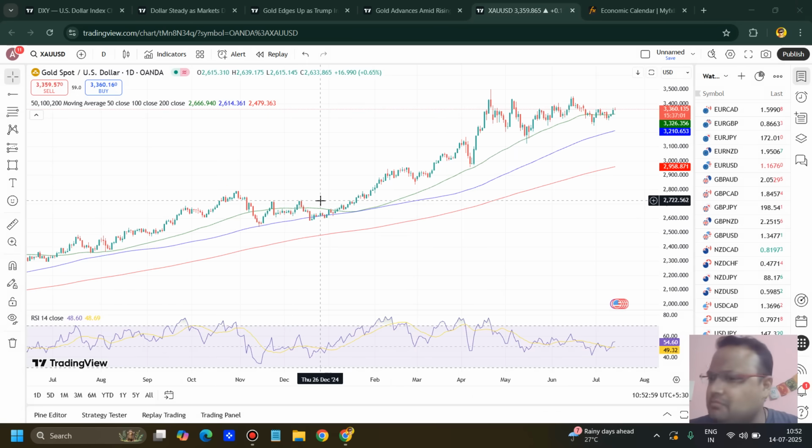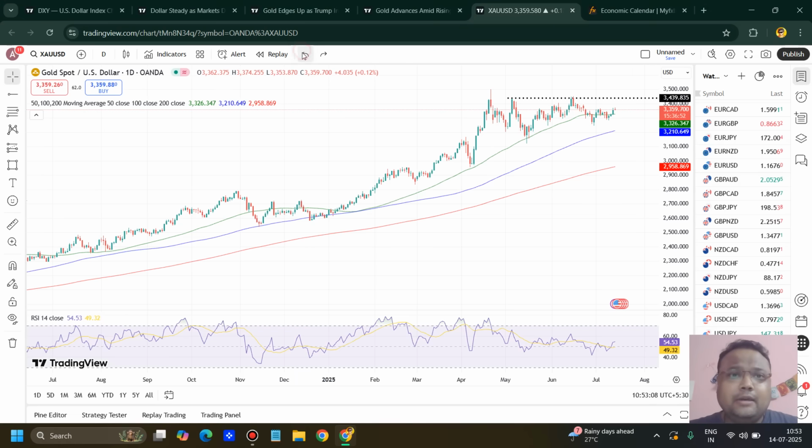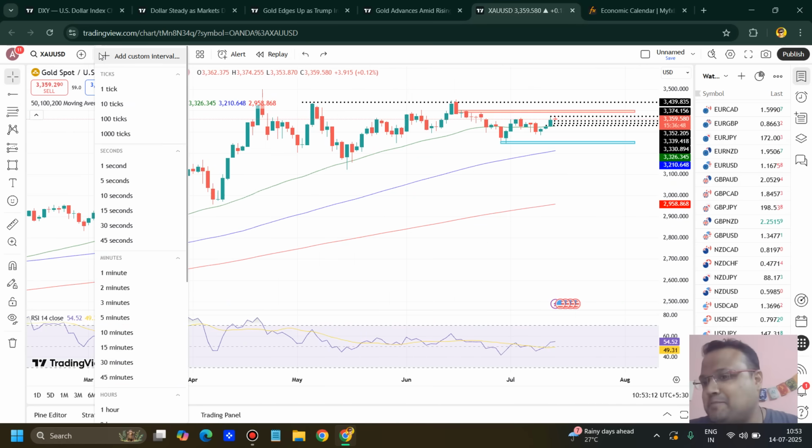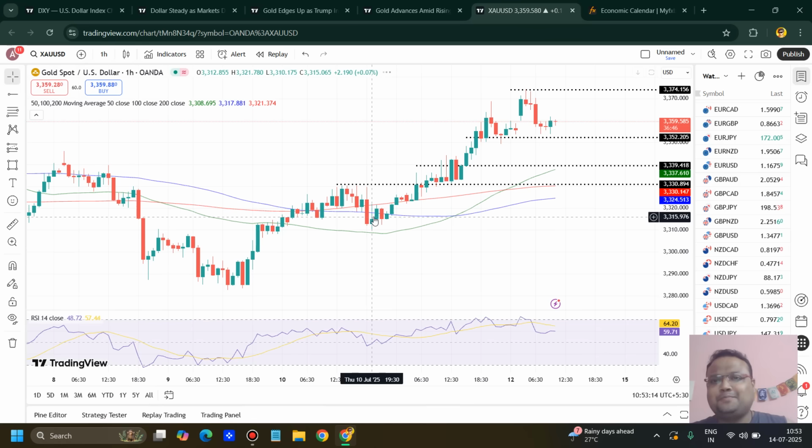Overall the trend of the market is bullish. If you are a position trader holding gold for a long time, you can hold your trades, nothing to worry about. But if you're looking for a fresh position in the market, then obviously things are not very positive for you.